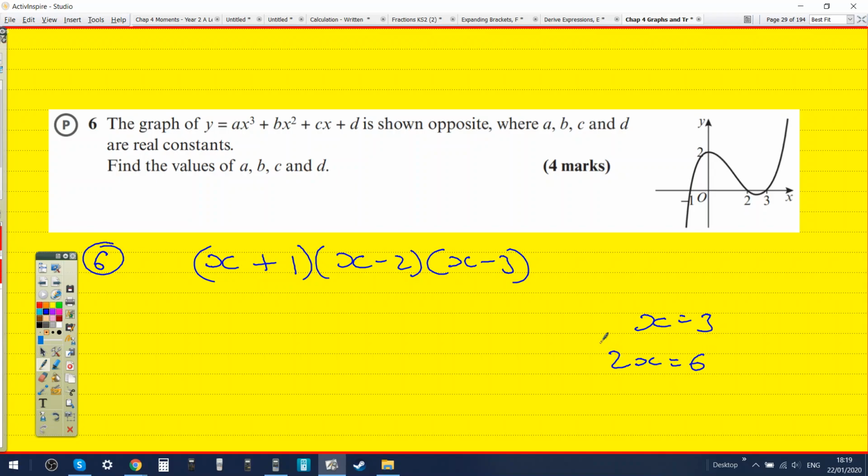And so is there any of these brackets we can change so that we end up with a 2 there?